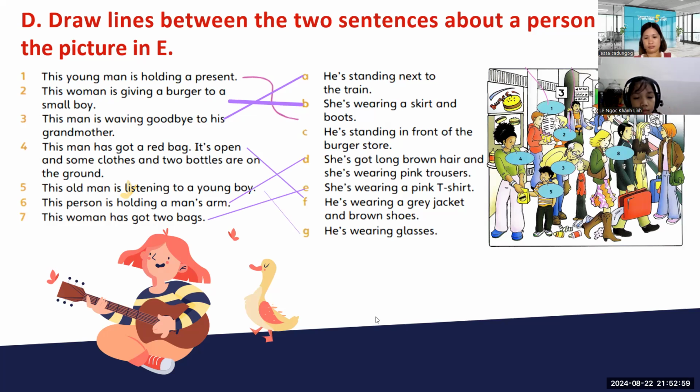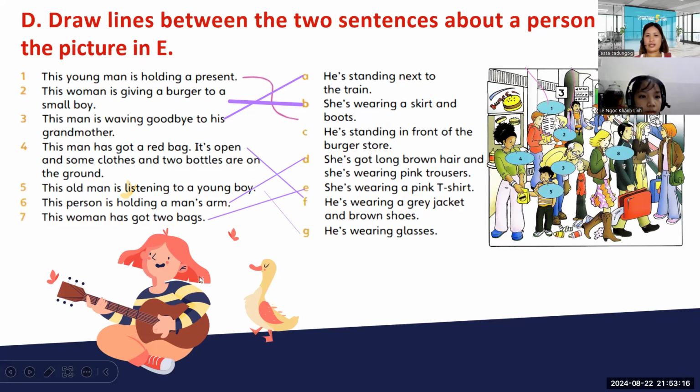Done, Lynn. Unmute your mic, Lynn. Okay, are you done? Yes. Okay, number 2. The woman is giving a burger to a small boy.